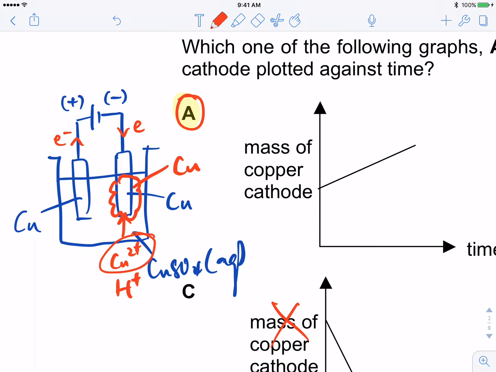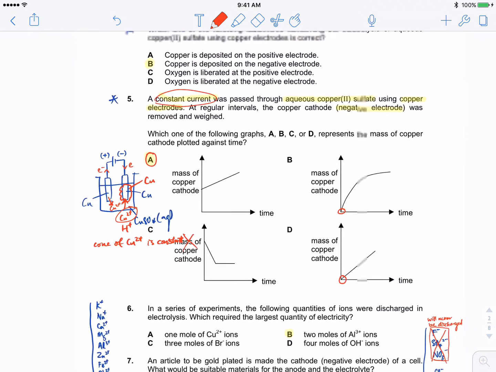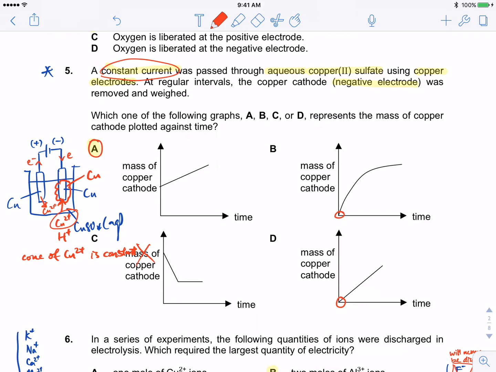For every Cu2+ that becomes copper on the negative electrode, there is one copper that is replenished into the electrolyte. So this ensures that the concentration of Cu2+ in the solution is constant. If the concentration is constant, the rate of reaction should also be constant. That's why for question 5, the answer is A.